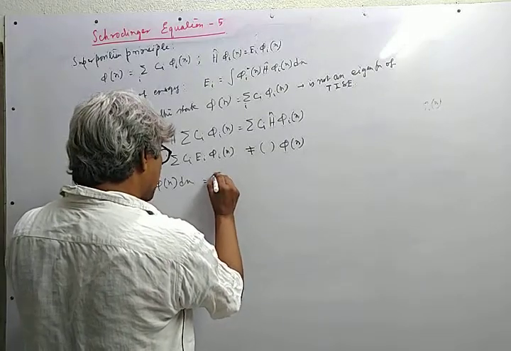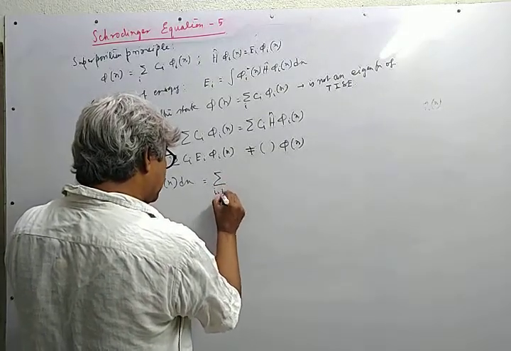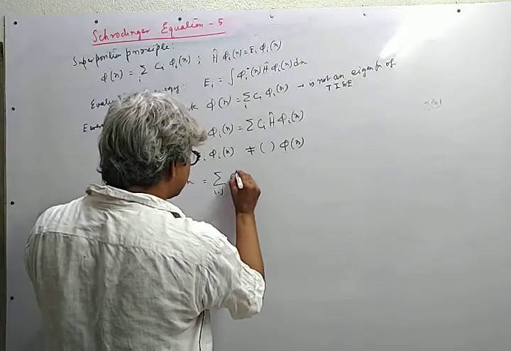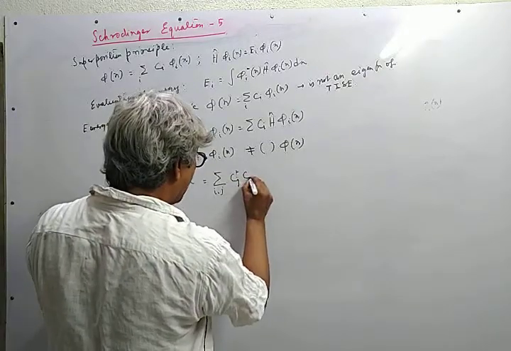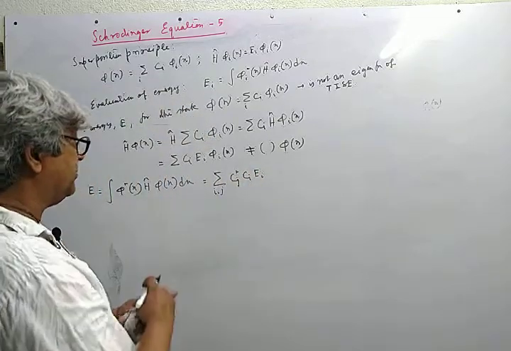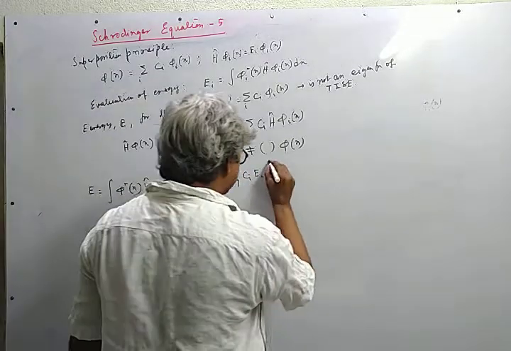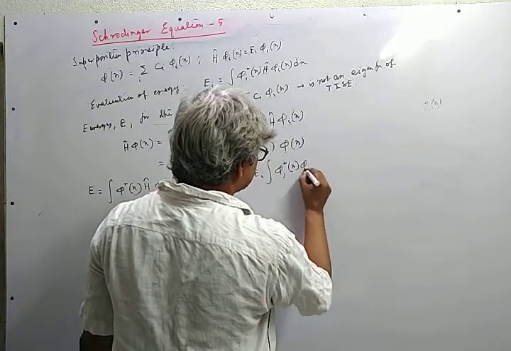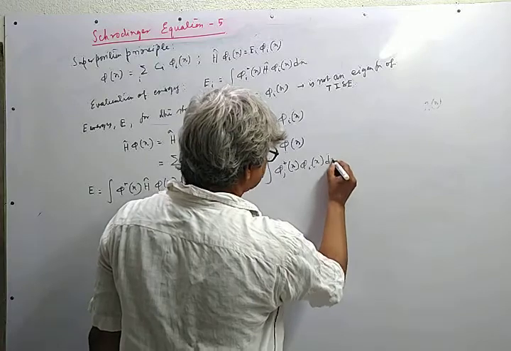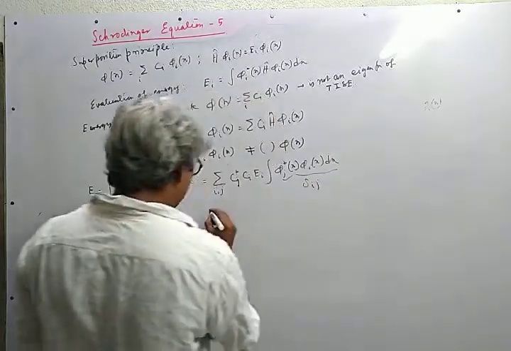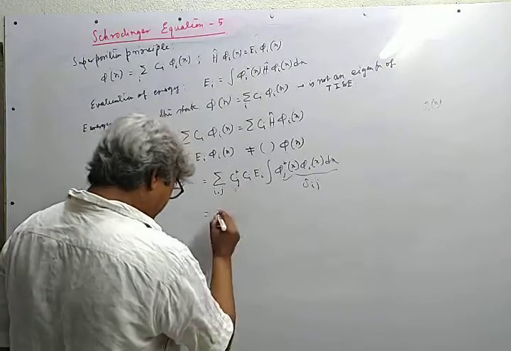So the sum will come out to be over ij. So this is Cj star, Ci and Ei. These are not the integration variable, and the result is phi j star of x phi i of x dx. This is delta ij, so this will be 1.